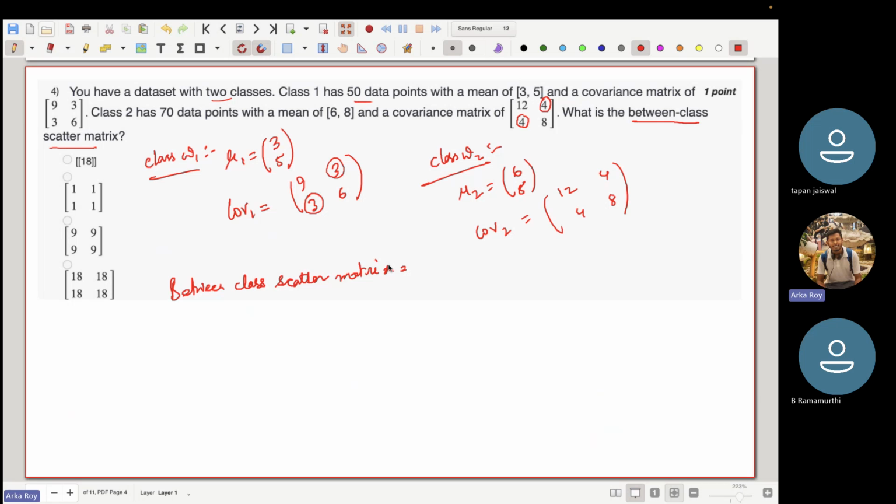In terms of matrix representation, if your data is in the form of vector or matrix, then how can you write the formula for the between class scatter matrix?